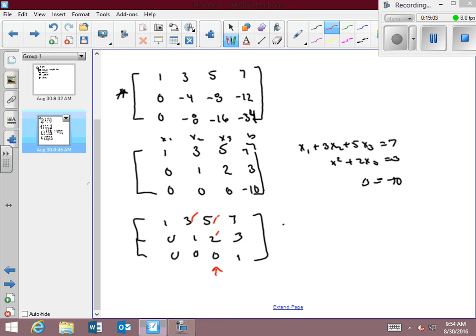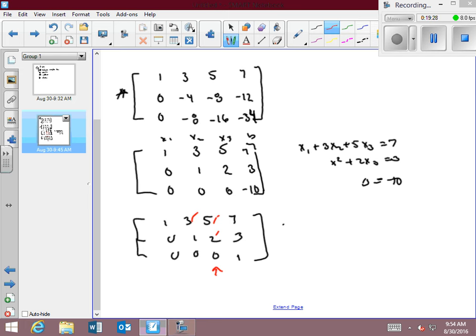Now, if that last row were all zeros, then you would have a parametric solution. You would have a free x3 that could be anything, and then the rest of them could be solved, but they would all be in terms of that free one.